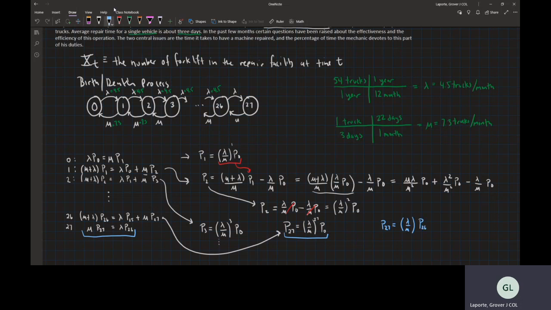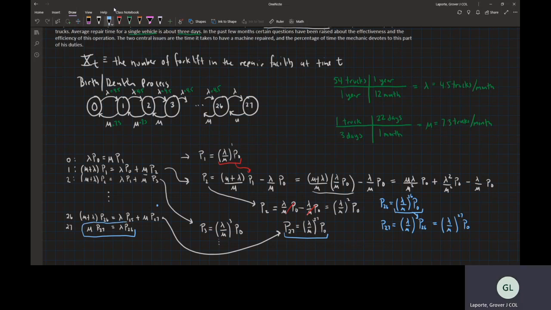But we know P26 is just lambda over mu to the 26th power times P0. So we substitute it in here for P26, and we get lambda over mu to the 27th power times P0.